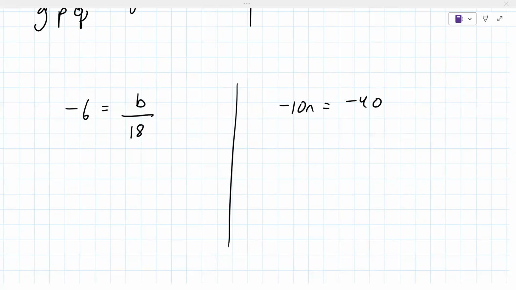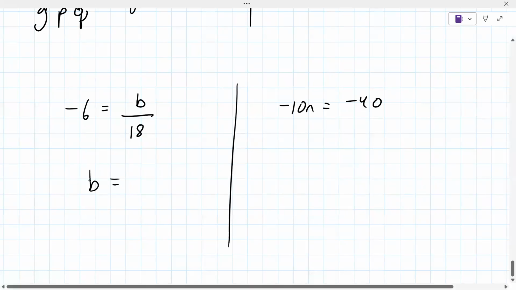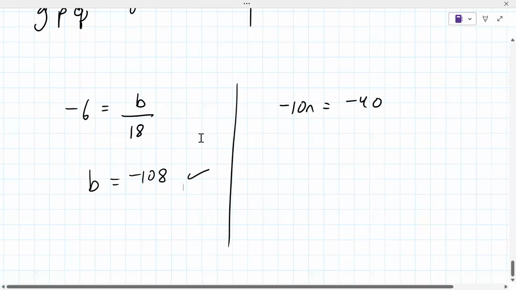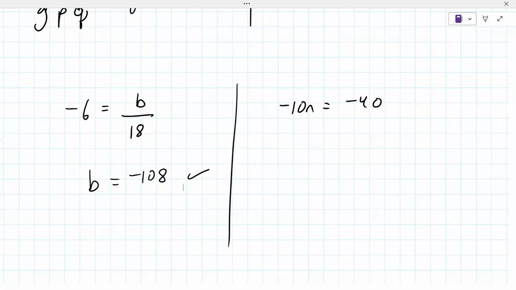So negative 108. You are correct. Okay. Negative 10 and equals negative 40.